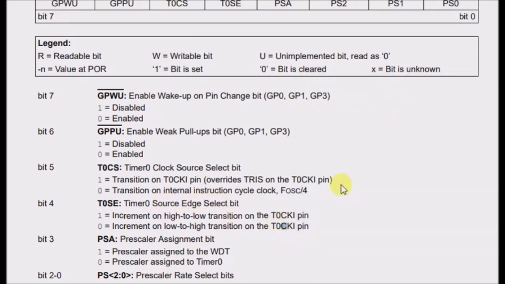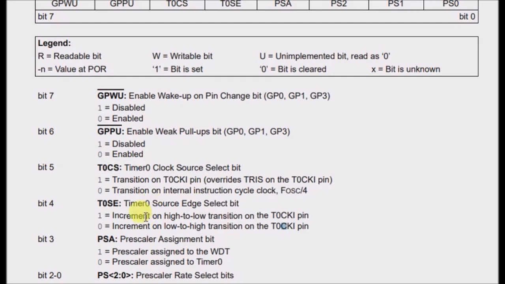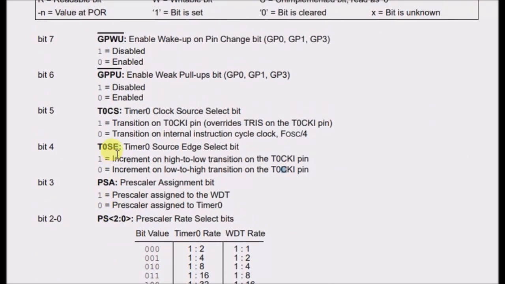Once again, we're talking about this GP2, assuming you're setting it up as a T0CKI pin. And then I guess this T0SE bit 4, timer 0 source edge select bit, would be selecting whether we're incrementing from a high to low transition or a low to high transition.